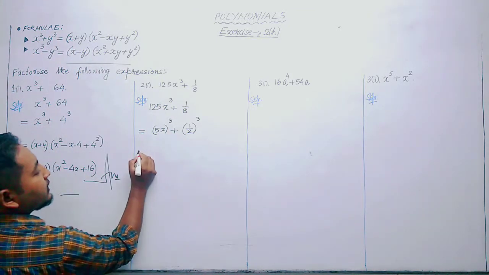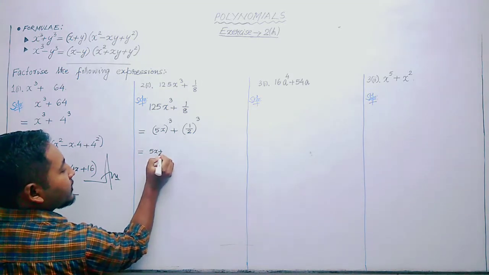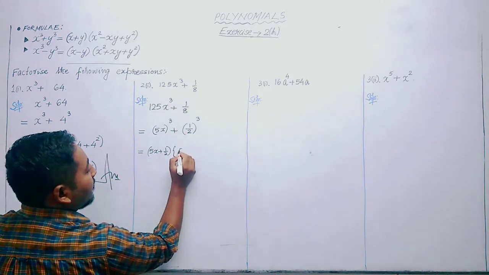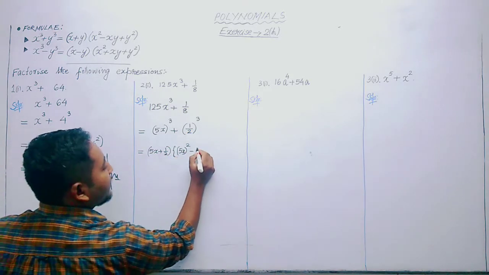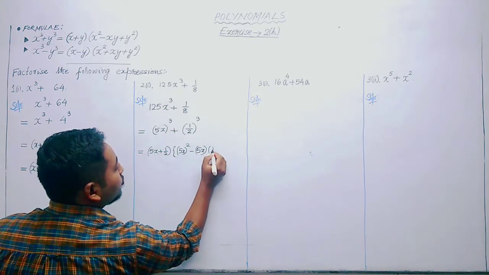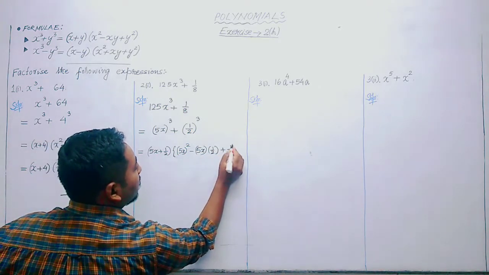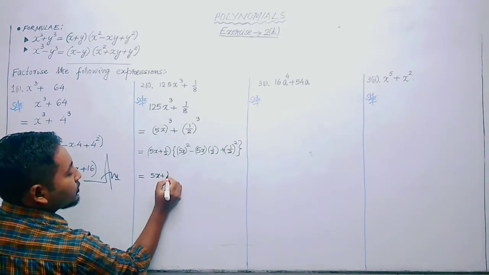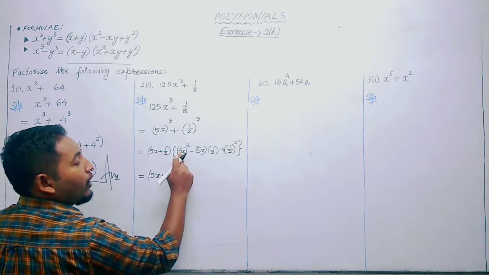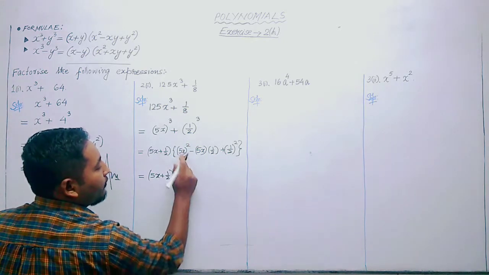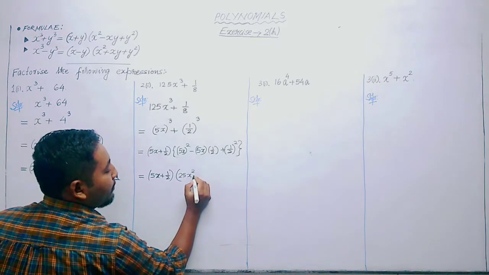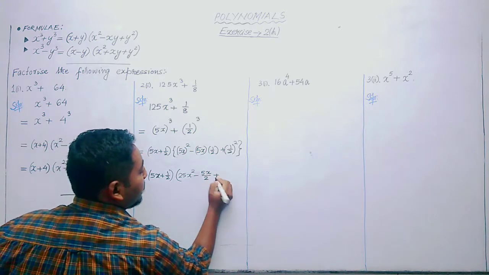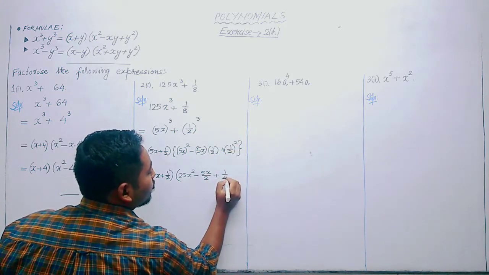Now let us use the identity which says x plus y into x square minus x into y plus y square, and you'll have 5x plus 1 by 2, and if you square, 5 square means 25, x square is x square, minus 5 ones are 5, x ones are x by 2, plus 1 square is 1, 2 square is 4.